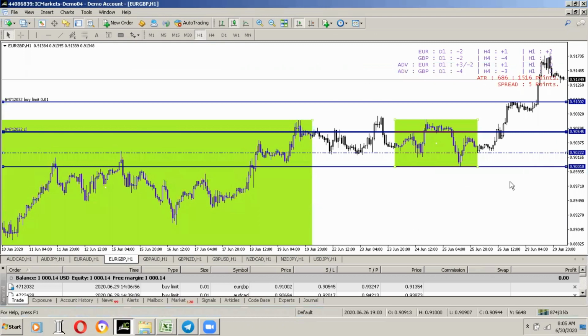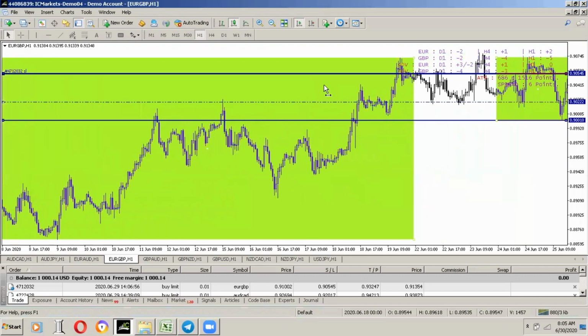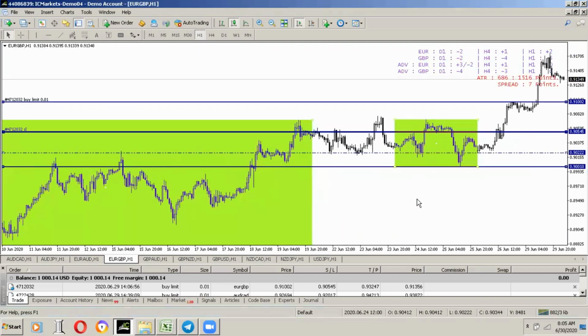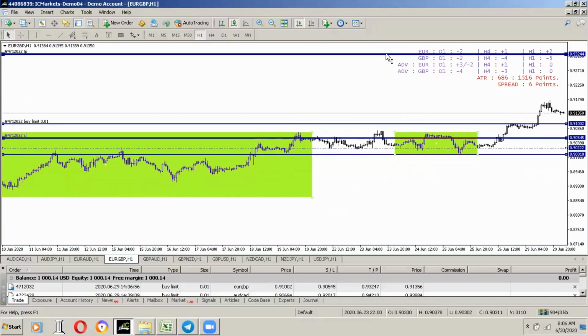For your GBP, since it has already broken out, you can see here we have this range, and then here, and then there was a little consolidation that happened here. So for me, I'll wait for the price to retest this area. If it retests there, the SL is here, and then the TP would be on the nearest resistance.